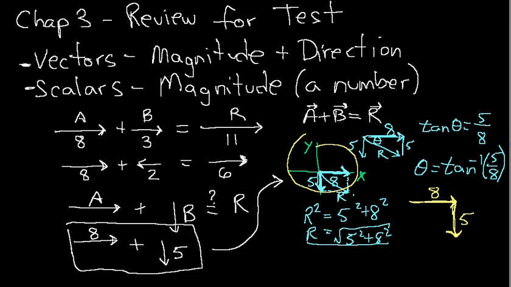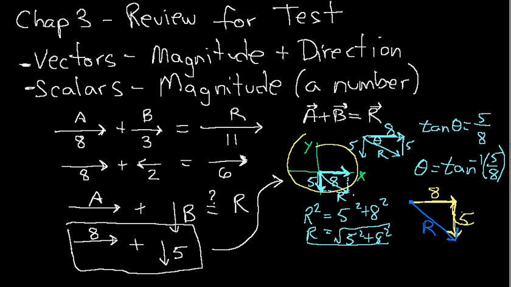And notice I put the tail of my 5 vector at the arrowhead of the 8, and then when I do that, my result is going to go from where we start right here at the tail of the first vector, and it's going to be drawn to the arrowhead of my second vector, and that's my result.